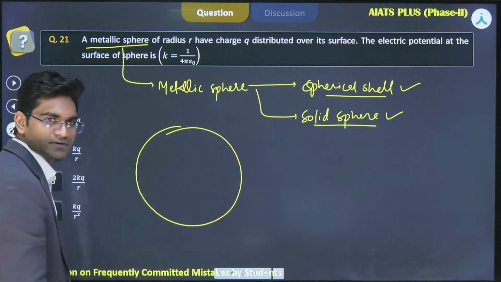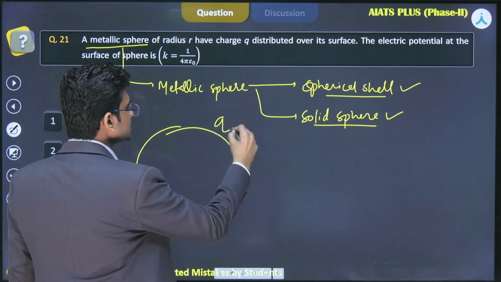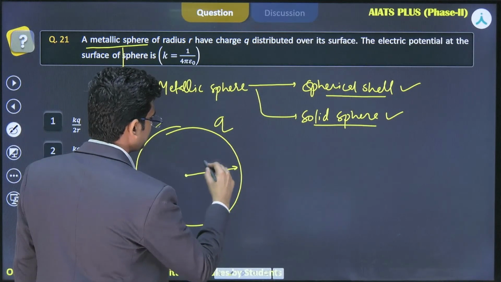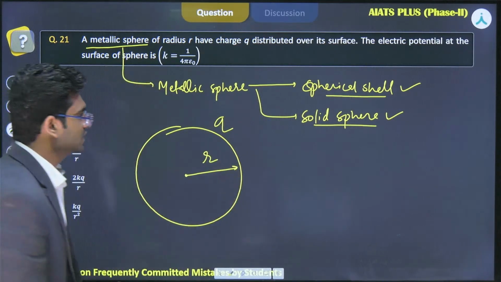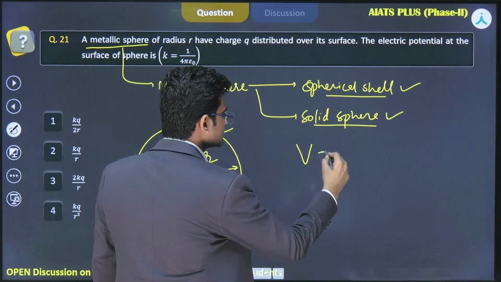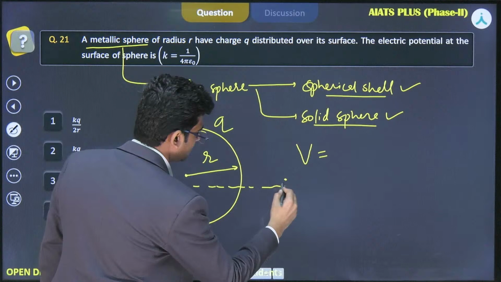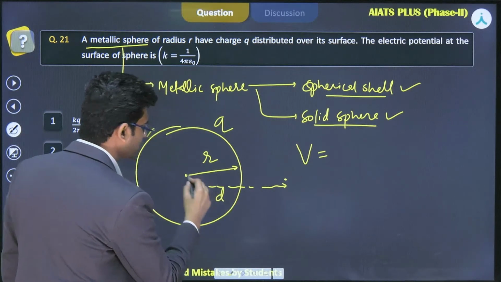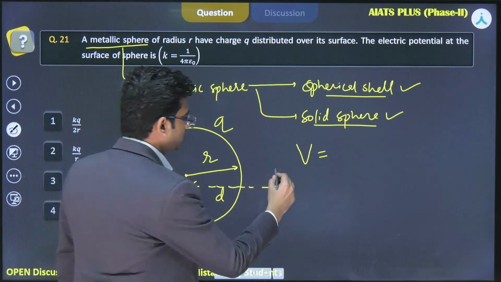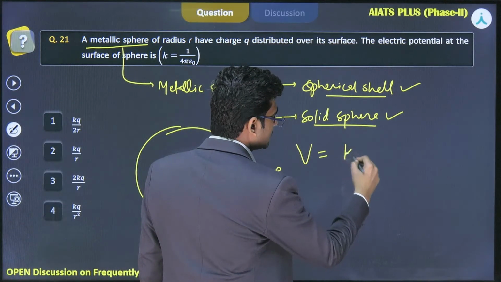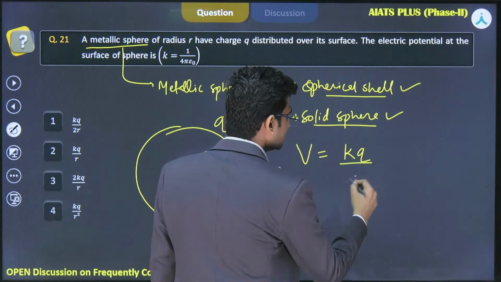Let's say this is the sphere, this is the charge q on the surface, and the radius is given as small r. Now tell me, what is the potential at any point? I am taking this distance as d from the center, any point p outside the sphere, that we can write as kq by d, right?